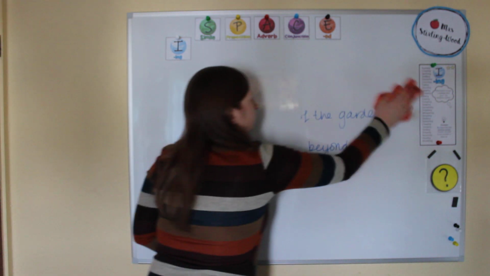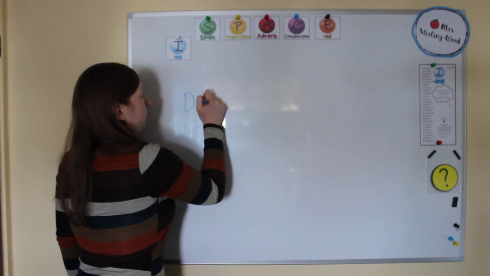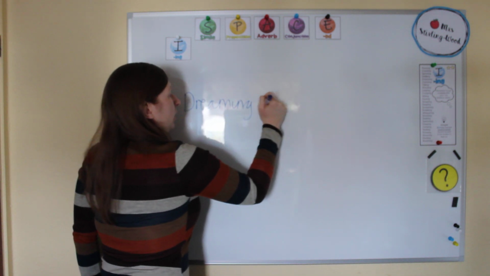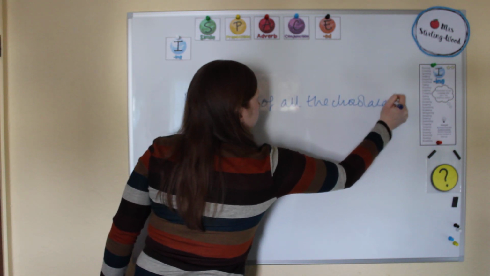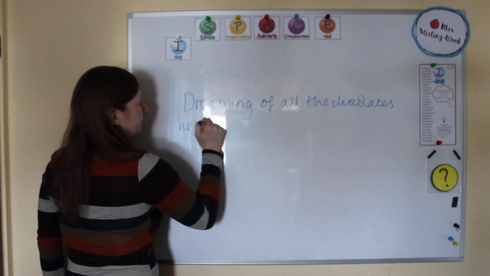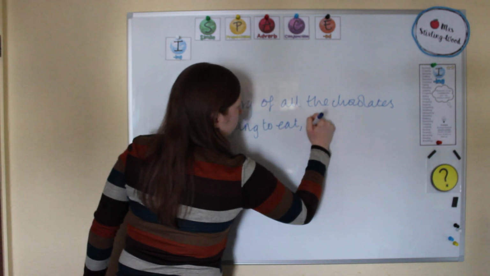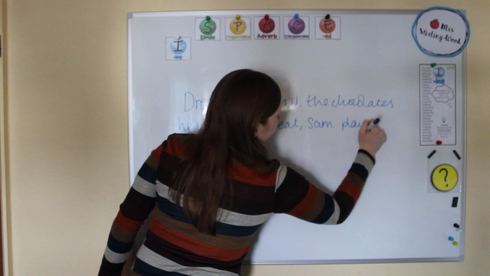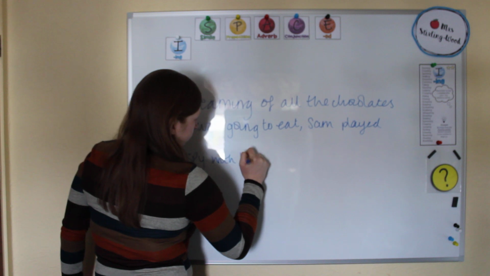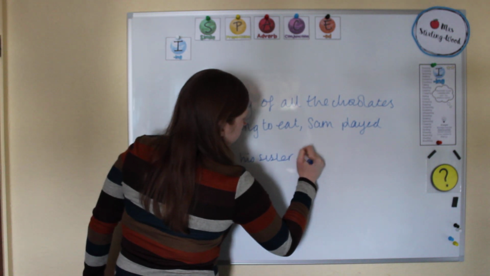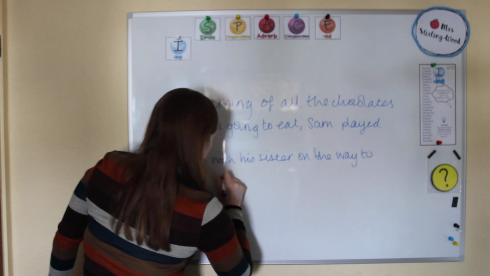Dreaming. So any word you can think of that ends in ing, you can use that to open a sentence. Dreaming of all the chocolates he was going to eat, Sam played I Spy with his sister on the way to Cadbury World.